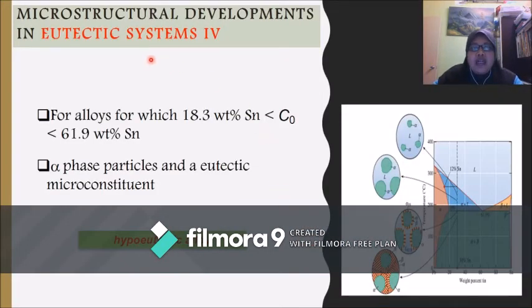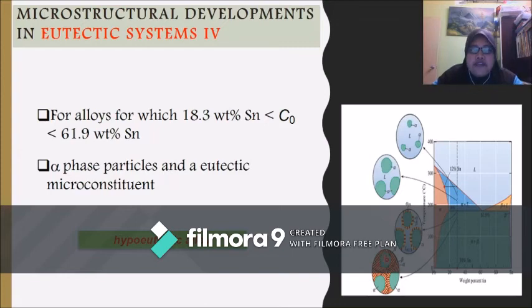Lastly, we move to eutectic system 4. Microstructural developments in eutectic system 4. Eutectic system 4 is for alloys for which 18.3 wt% Sn is less than C0 and C0 is less than 61.9 wt% Sn, at this range. For the result, alpha phase particles will blend together with a eutectic microconstituent.